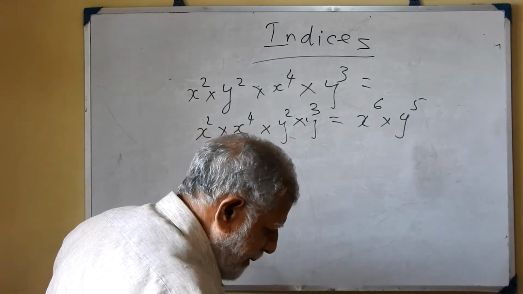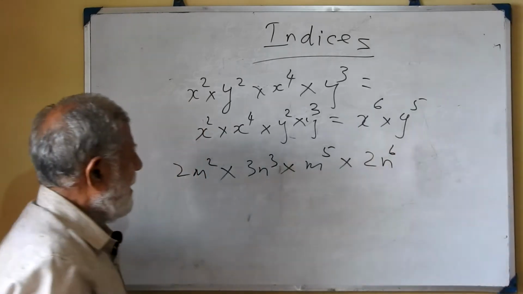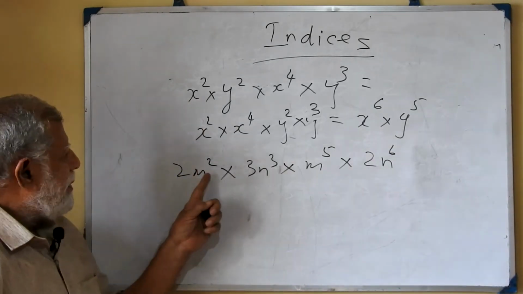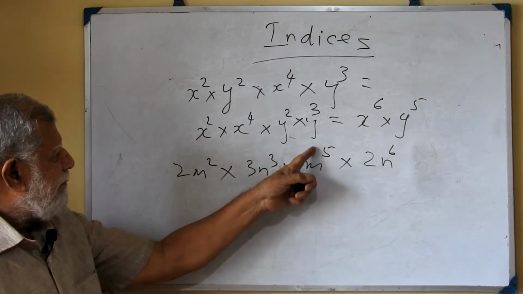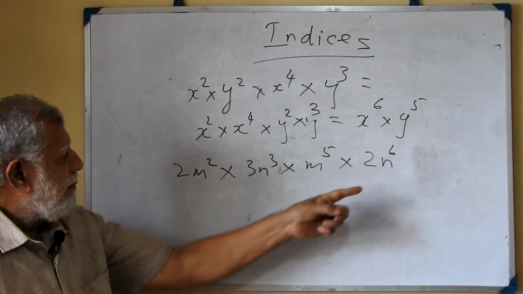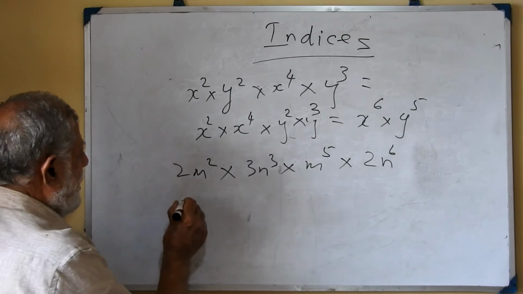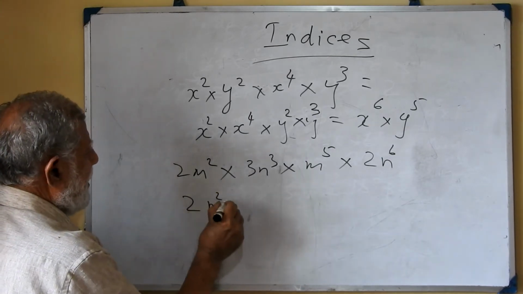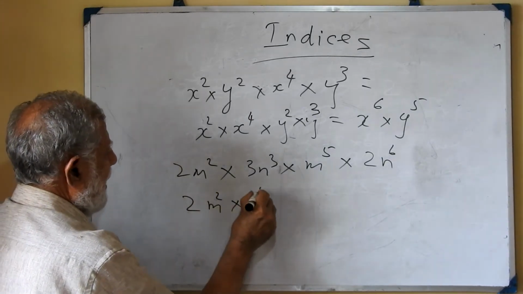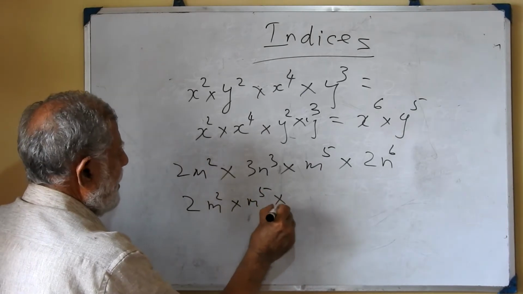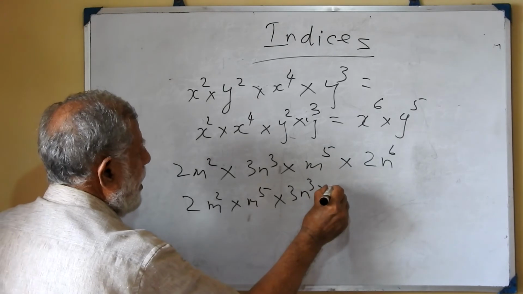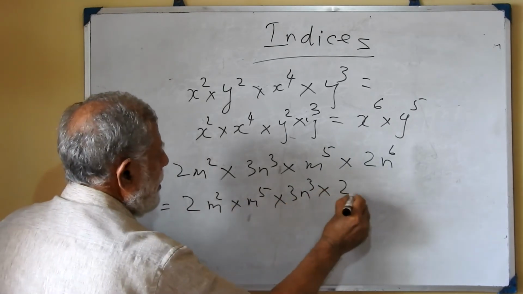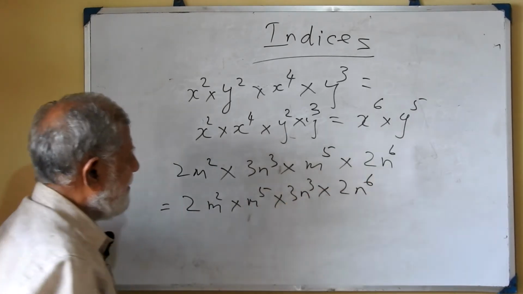We'll take one more example. Look at this: 2m squared into 3n cubed into m to the power of 5 into 2n squared. We'll take the like terms together. So 2m squared into m to the power of 5, into 3n cubed into 2n to the power of 6.